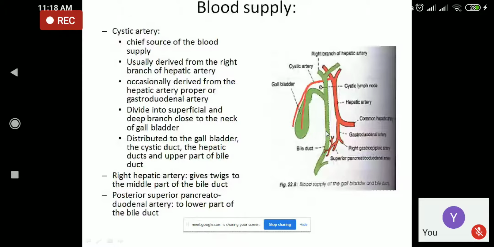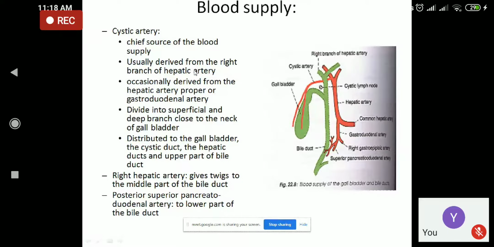Now, talking about the blood supply. Look at your blood supply: the cystic artery. This cystic artery is the main, chief source of blood supply. So while doing cholecystectomy, this will be cut.